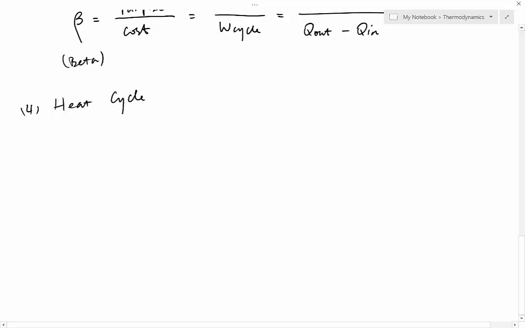Heat cycle. Okay, how do you keep your house warm? First thing again, we sketch the box indicating this is my system. Next one, we draw a circle inside, indicating this is a cycle. Okay, let's do it again. How do you keep your house warm in winter if you have central AC?